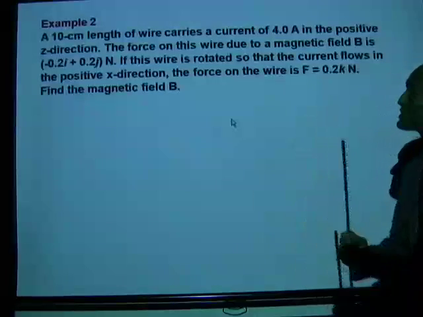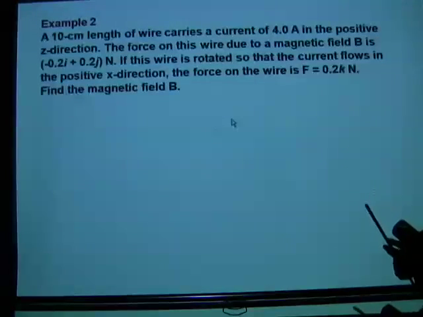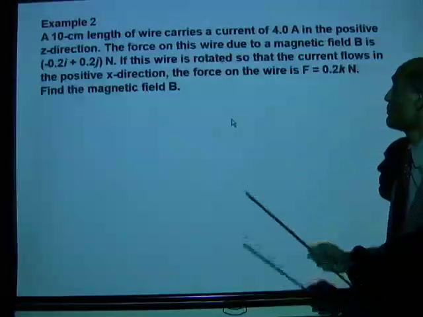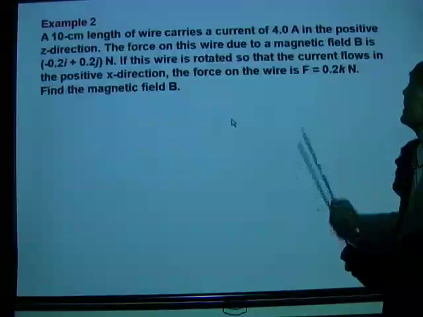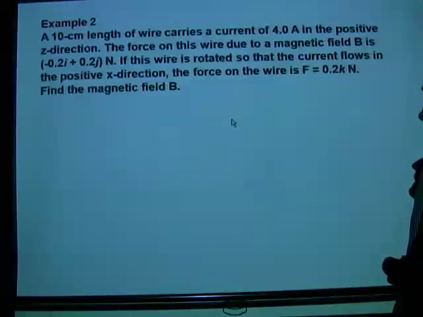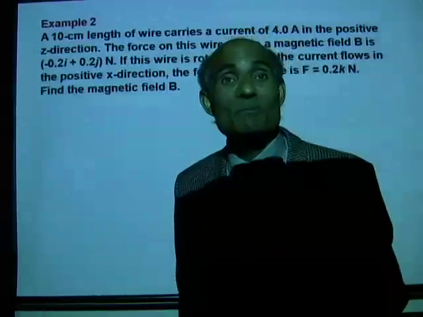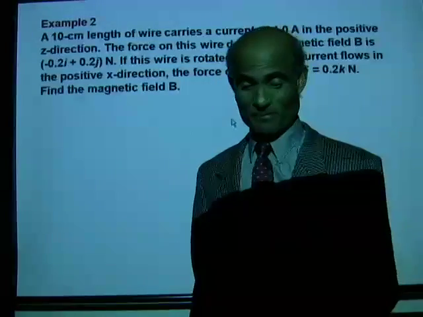If this wire is now rotated so that the current flows in the positive X direction, the force on the wire is F equal to 0.2K Newton. Find the magnetic field B.